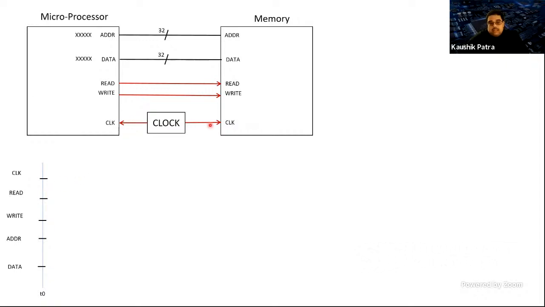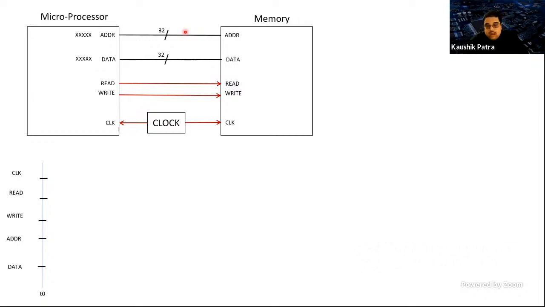Clock, let's say, is at logic value 0. I'm using red color to represent 0 and green color to represent logic 1. So clock is 0, read is 0, write is 0. At this point, address and data don't matter. That's why I put XXX here, meaning I don't care about this data, so they are marked black. This is not relevant at this time point.